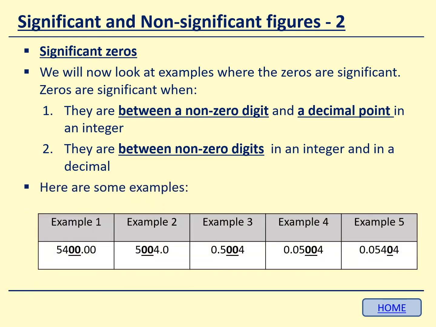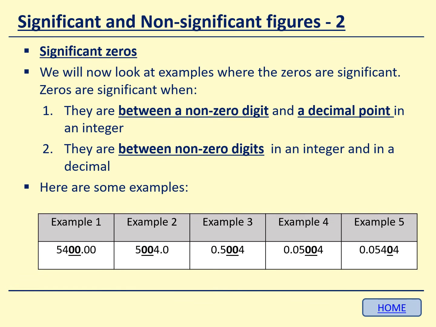So, example 5400.00. Those 2 zeros after the 54 are really important. In example 2, the 2 zeros between the 5 and the 4 are placeholders.